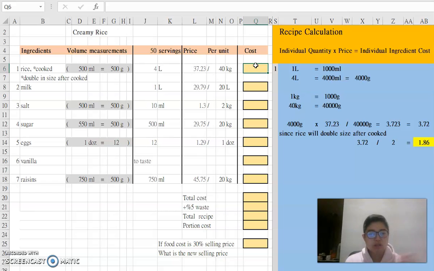Then I will try to type in the calculation in the Excel file. You can see my calculation equation here.